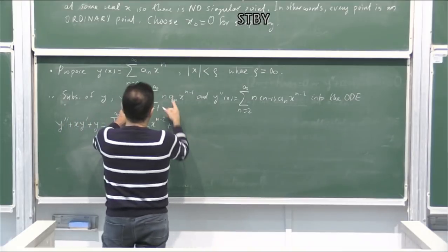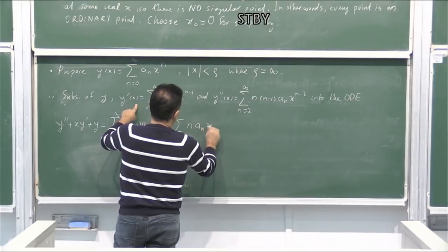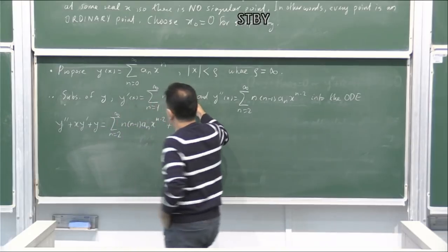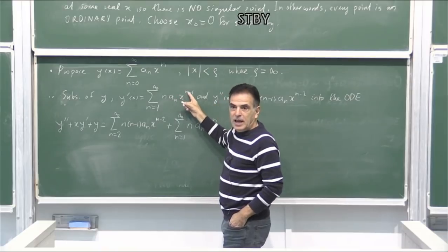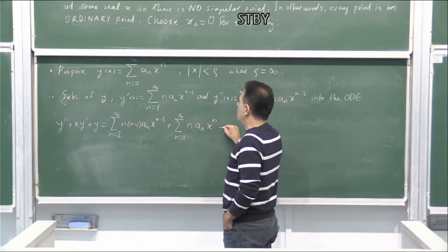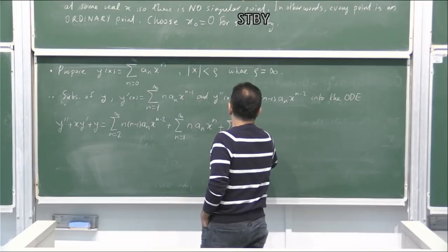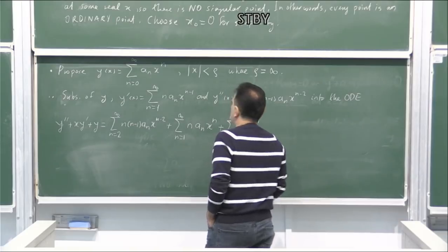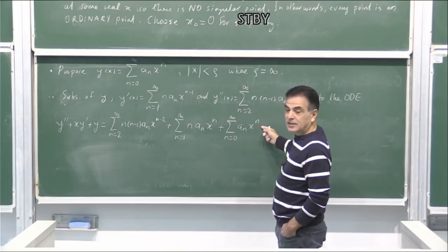So x times y prime becomes n x to the power n. Look, we multiply y prime by x, so x to the n minus 1 rises to x to the power n, plus y. So y is the sum of a n x to the power n. Good. So we have to rearrange this series.